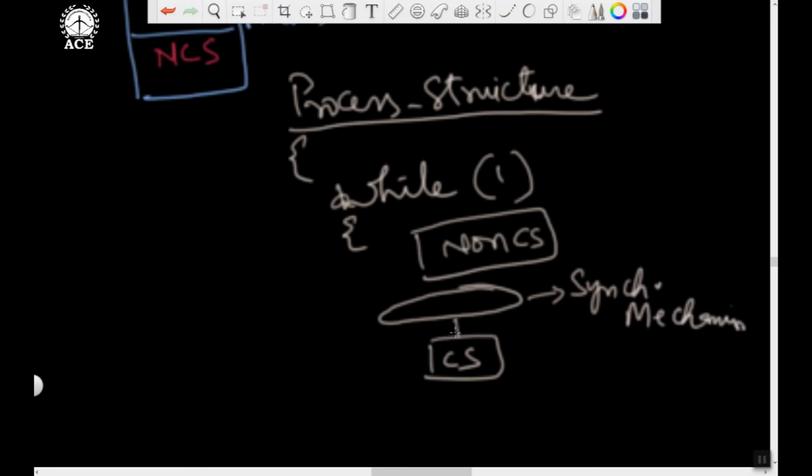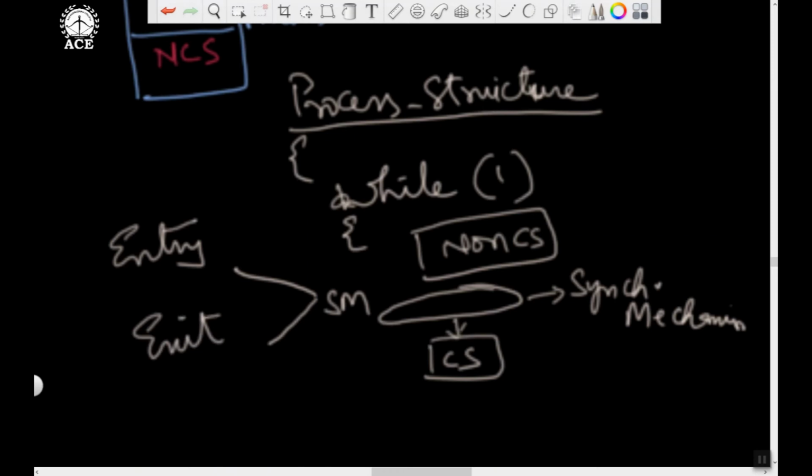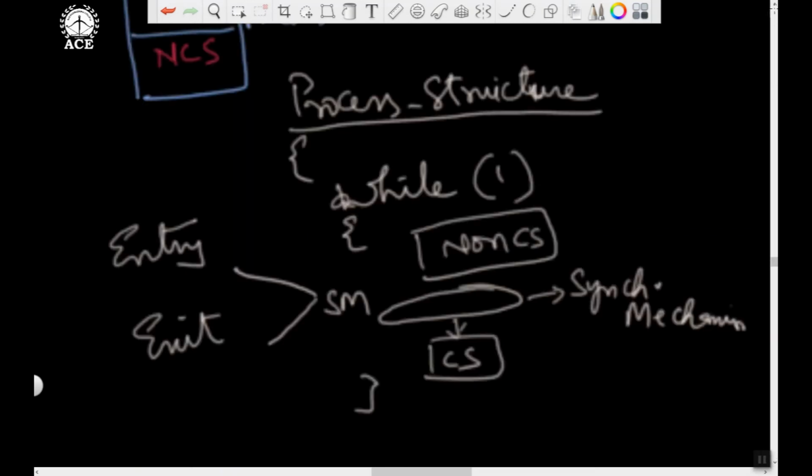I write in short SM. This synchronization mechanism will have two parts. One is called entry section, the other is called exit section. Using entry and exit section, typically it looks something like this.